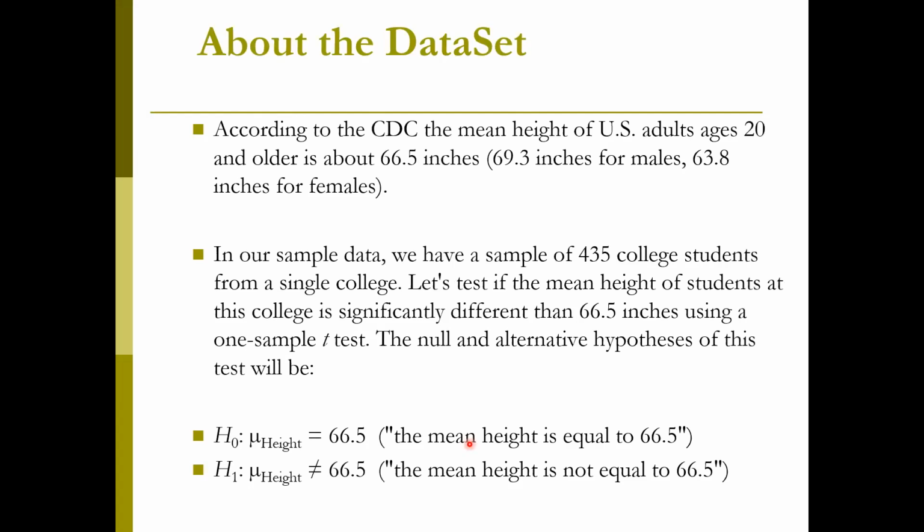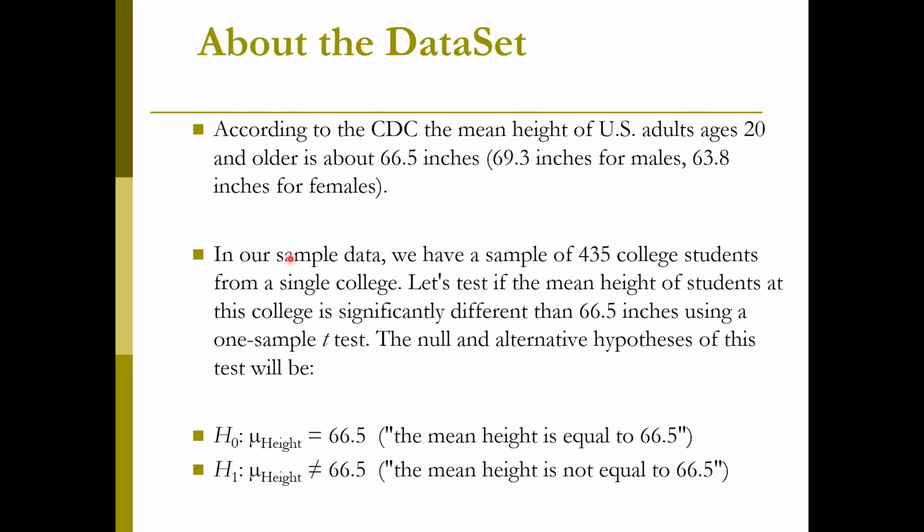Now, about our data. Our data is taken from the CDC. And according to the CDC of the US, the mean height of an adult US age 20 or older is 66.5 inches. It is higher for male than for female.